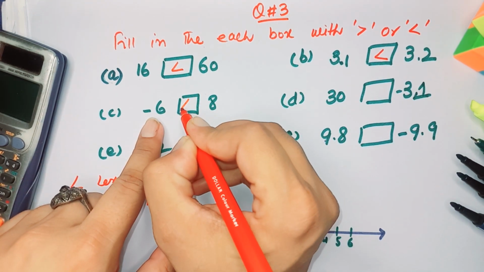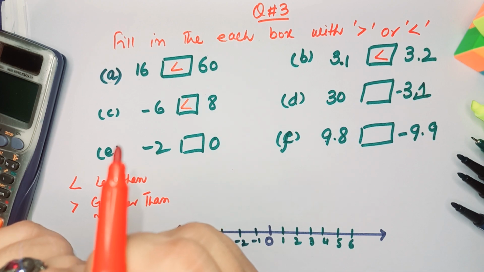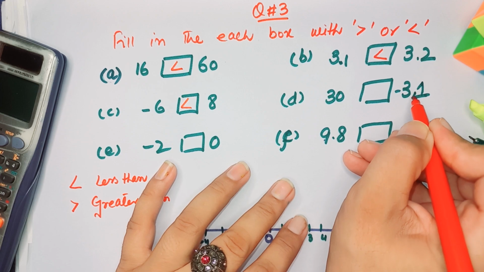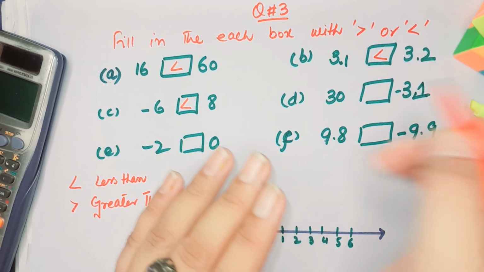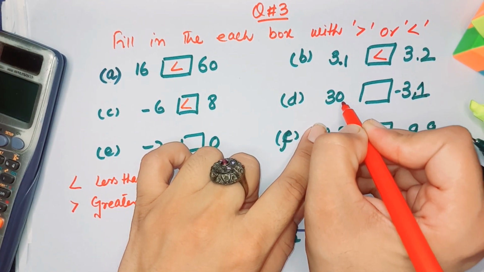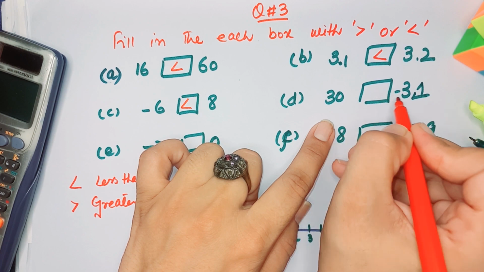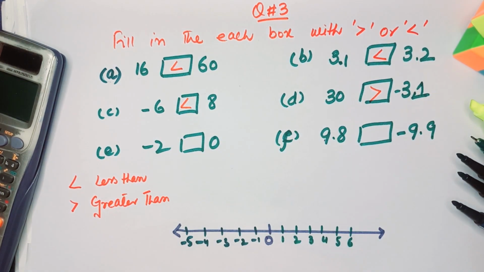So it means -6 is less than. Now here we have 30 and -31. Obviously the negative number is less. 30 is bigger than -31, so we have to use this sign.